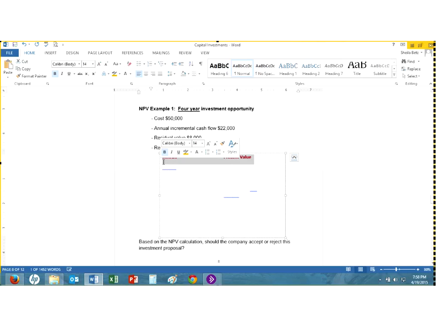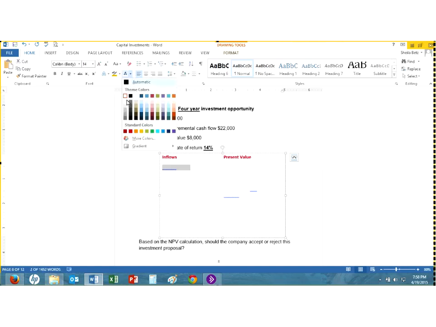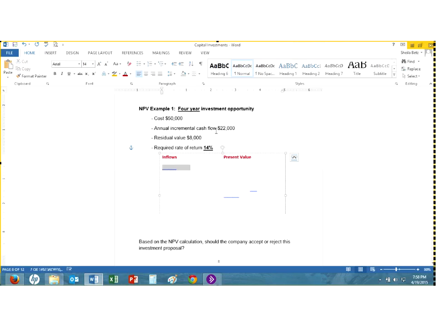So how we're going to do this is we're going to look at inflows first. And what we're going to do is list each of the inflows that this investment will produce. All right? So the first inflow, money coming in, is going to be the cash of $22,000 that we're going to receive every year. Okay?